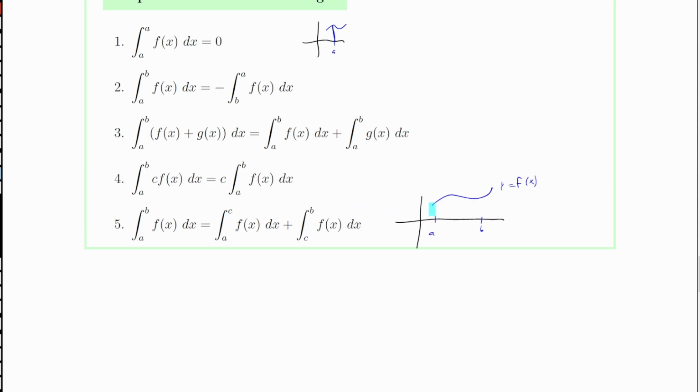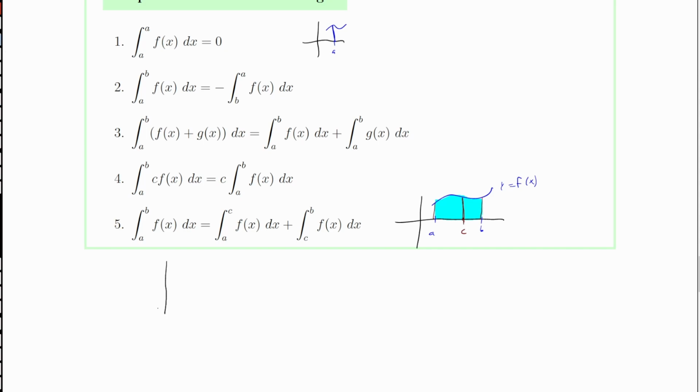So I'm looking at this area, which is equal to the integral from a to c, where I put some c in between, plus the integral from c to b. And that makes sense. It's just like you're taking your region and splitting it into two pieces and then adding those two pieces up. That makes perfect sense. Except that there's no condition that c has to be in between a and b.